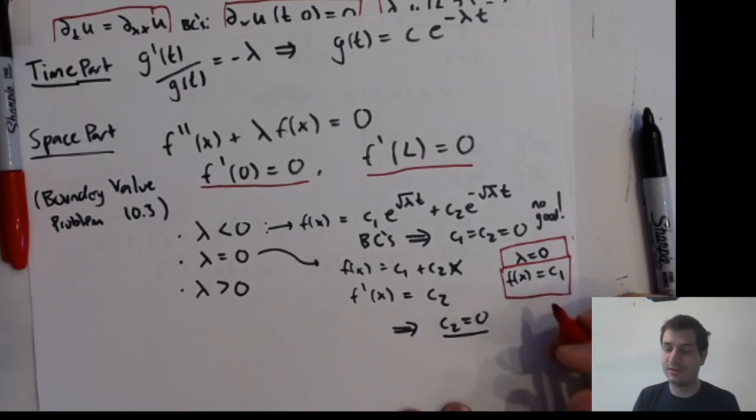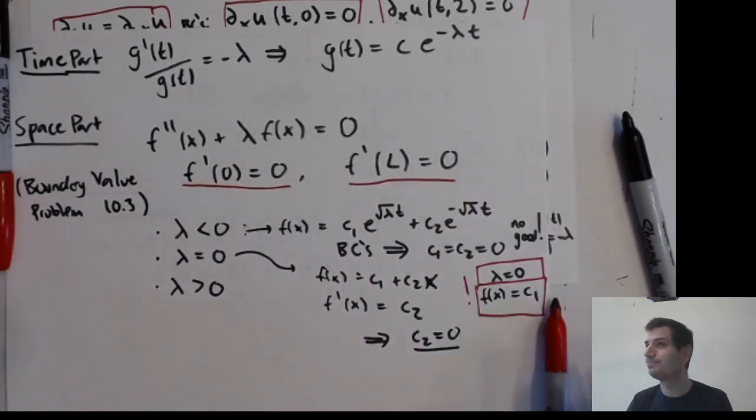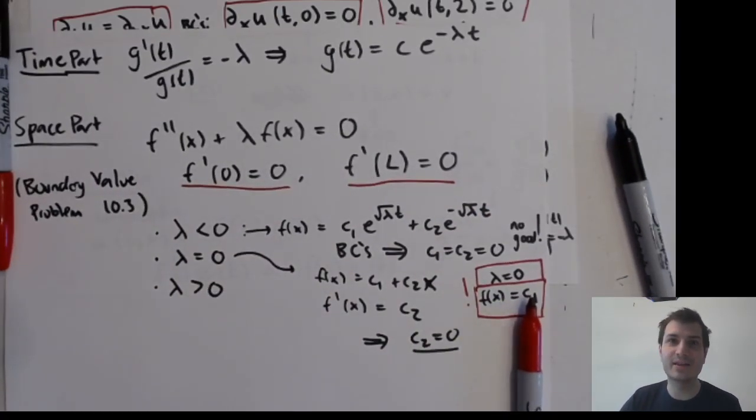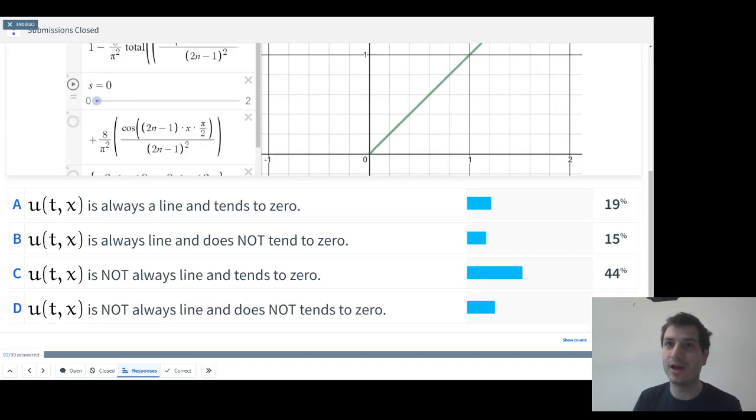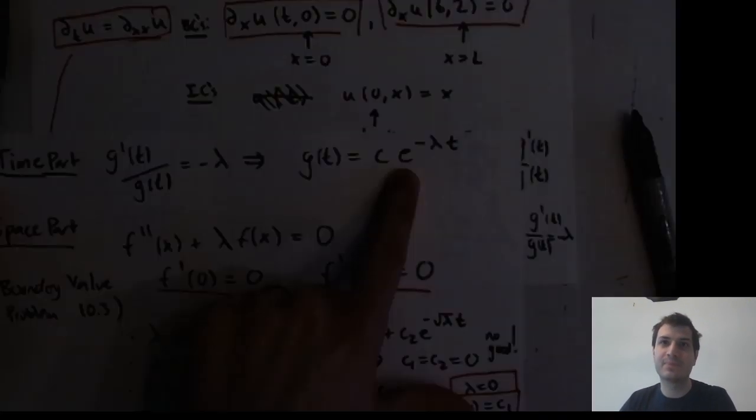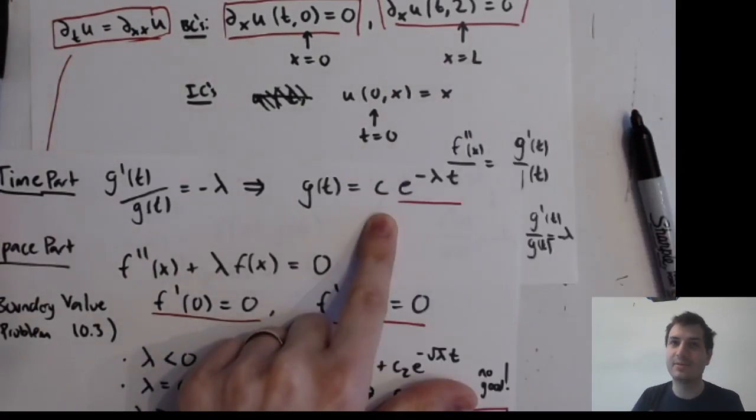In fact, if we go back to the Top Hat question, whether or not lambda equals 0 is an eigenvalue will answer part of this question. Remember, the eigenvalues tell you how these solutions behave in time. The time dependence is this exponential e to the minus lambda t.